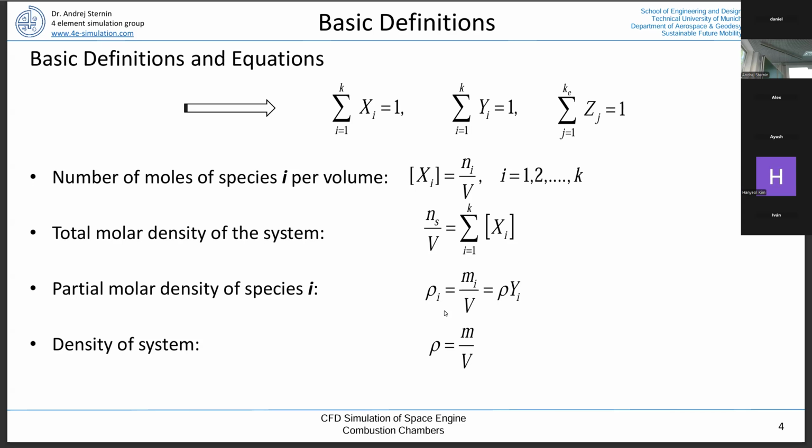In combustion processes where we have locally significant heat release, density is not constant, on a very small scale. That's the reason why, instead of Reynolds averaging, we have to do Favre averaging, where we take the density into account in order to have a successful formulation of the continuity equation. So that's one of the reasons why we take partial molar density, to make sure that we have an idea about the local density or the local concentration of a species in the system.